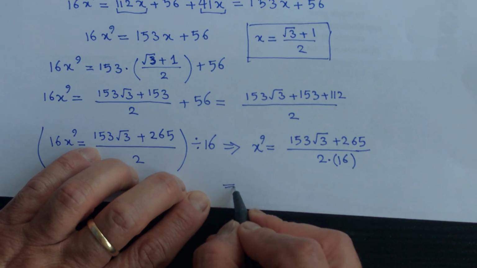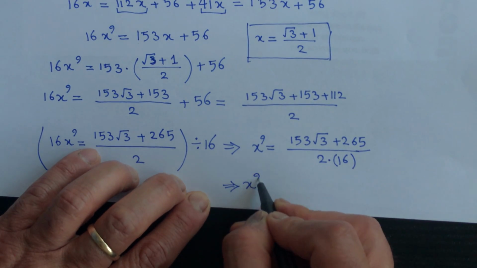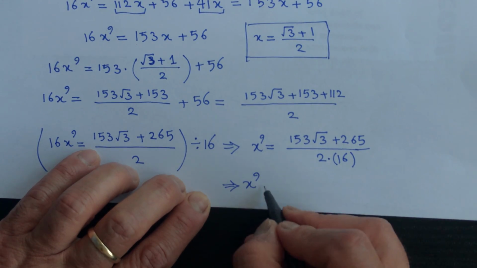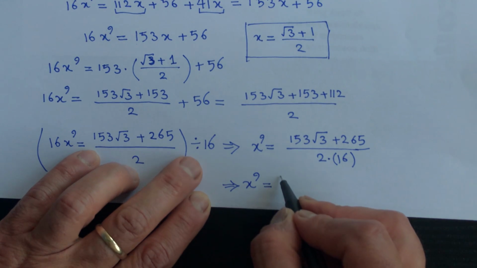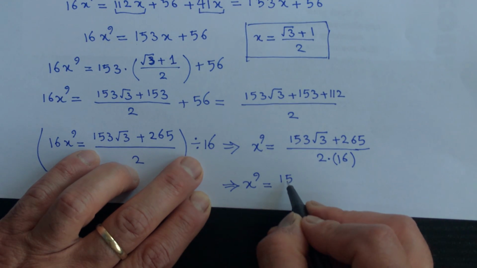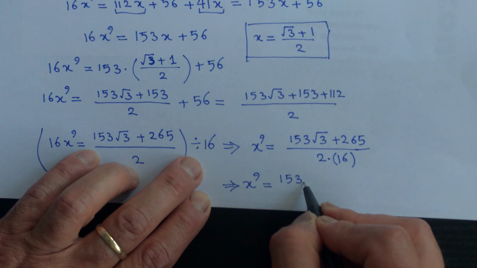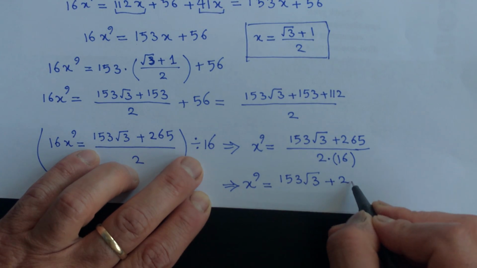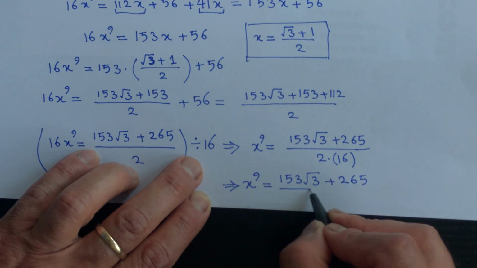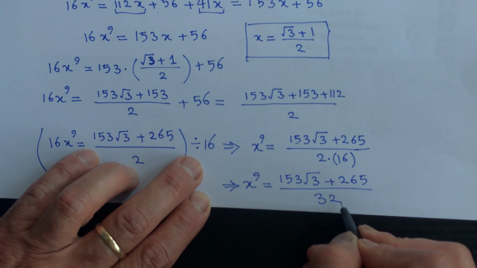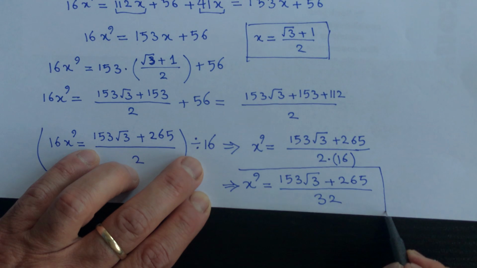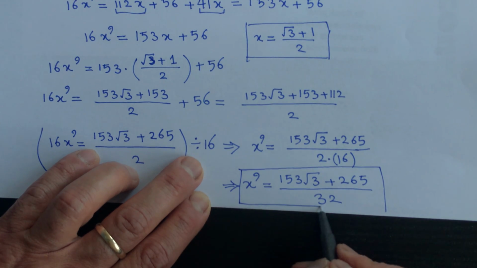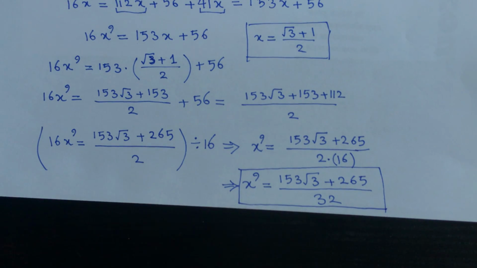So the result is x to the power of 9 equals (153 square root of 3 plus 265) over 32. So this is the last result of the problem.